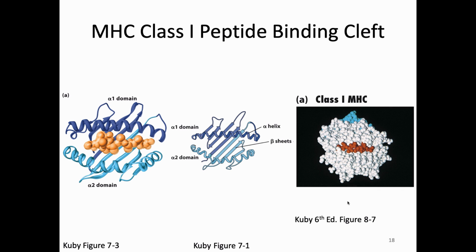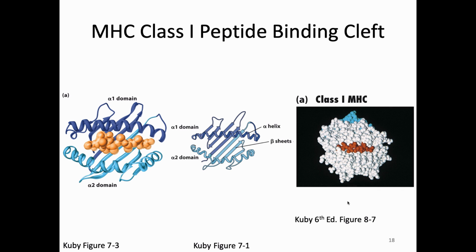We often refer to MHC Class I as having closed ends. This peptide is really, really constrained in terms of how long it can be. There's no space for the peptide to flap out the sides. Those are super tight together. If you see, the peptide is completely encircled by this. So we have closed ends.